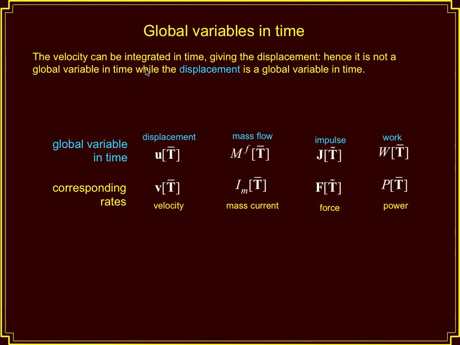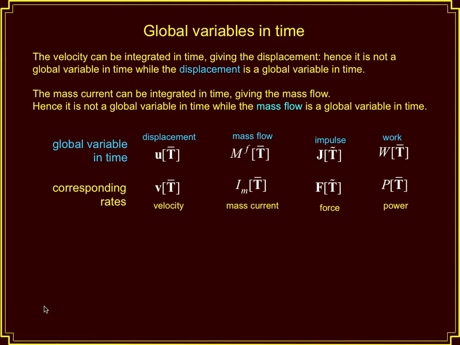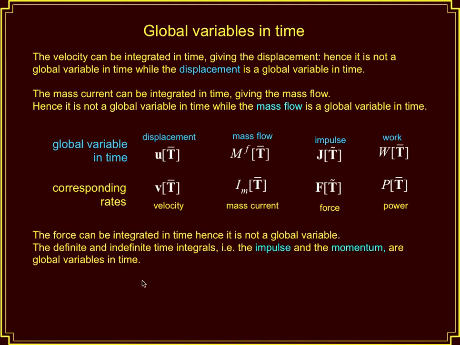Here you have some global variables in time. Here we have global variables in time: displacement, corresponding rate velocity, mass flow, mass current, impulse, force, work, power. Here the force can be integrated in time, hence it is not a global variable.